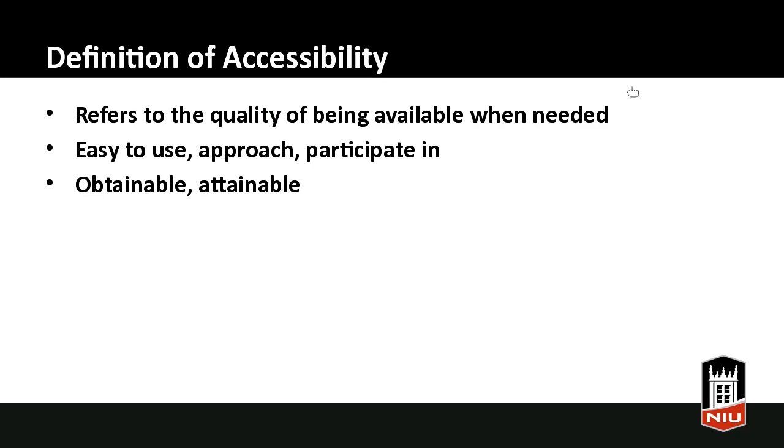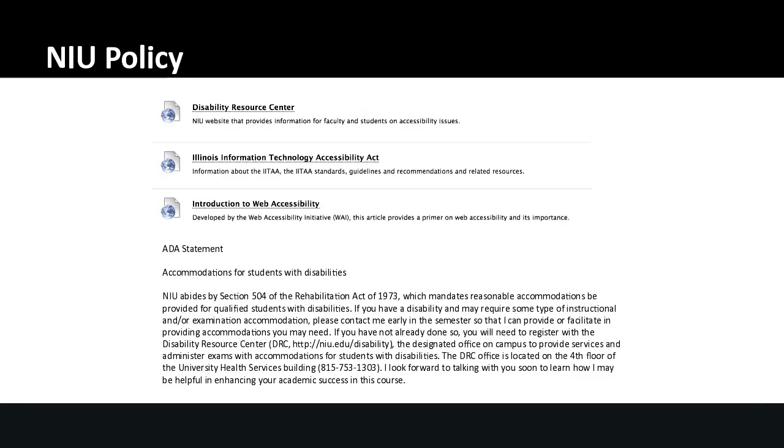So when we design our course to be accessible, we really want to think about these definitions and the different nuances around them. But we most likely think about accessibility when we're thinking about our students with disabilities.